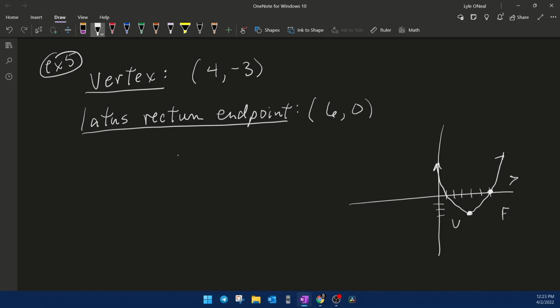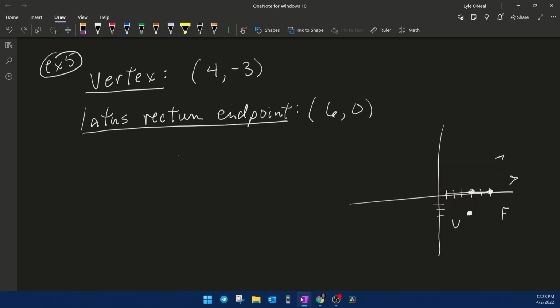And again, this endpoint of the latus rectum would be a point on the parabola and contain the focus, but in this case it opens up. And so in order to determine the equation of this parabola with this given criteria, you're going to need one more piece of information, and that is the direction that the parabola opens.